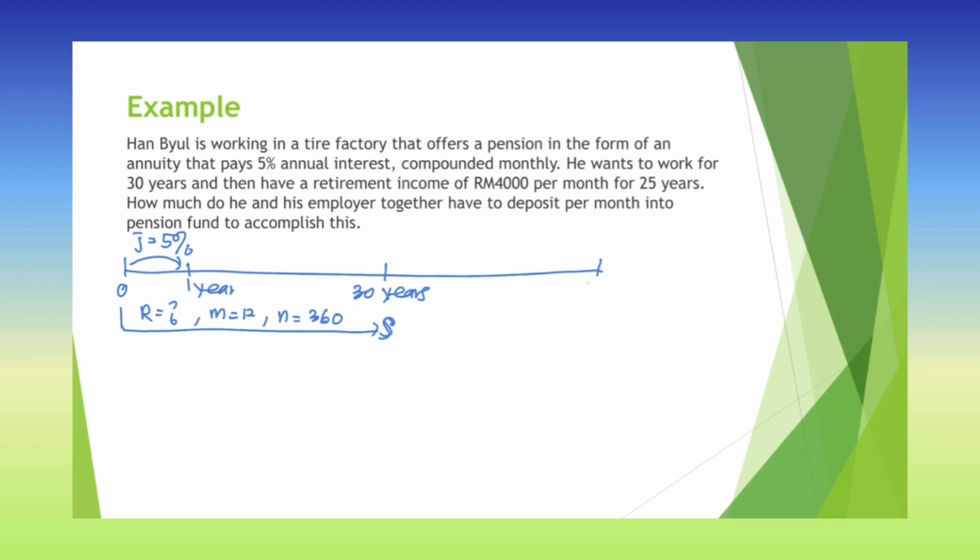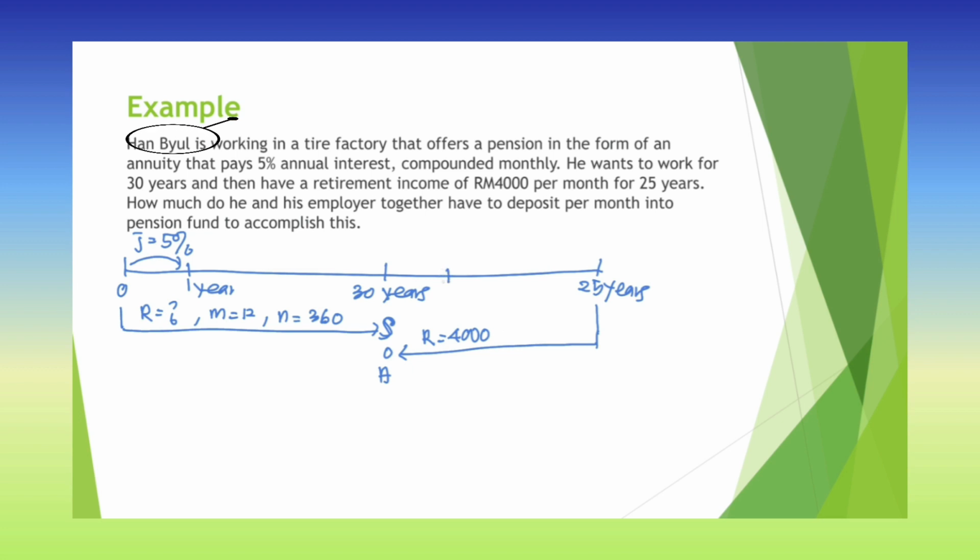And then for the next 25 years, Hanbil wants to withdraw RM4,000 per month.